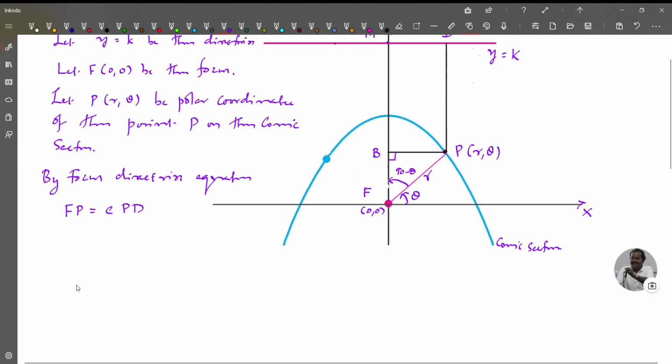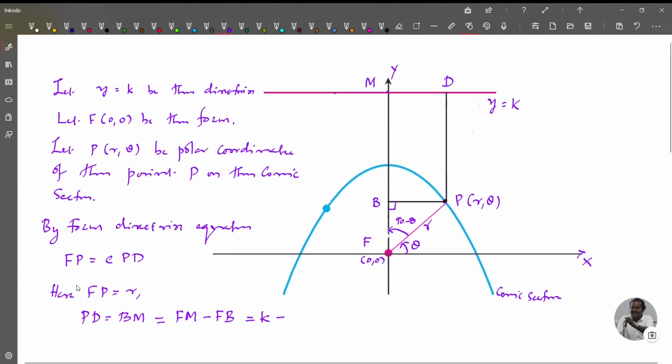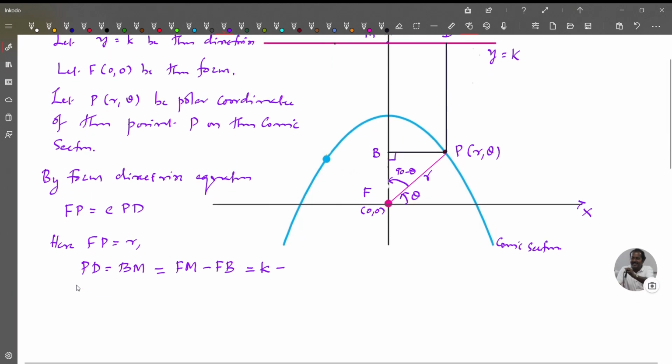Now here FP is equal to R and PD is equal to BM. This is equal to FM minus FB. So you know FM is K minus FB. FB we have to find.